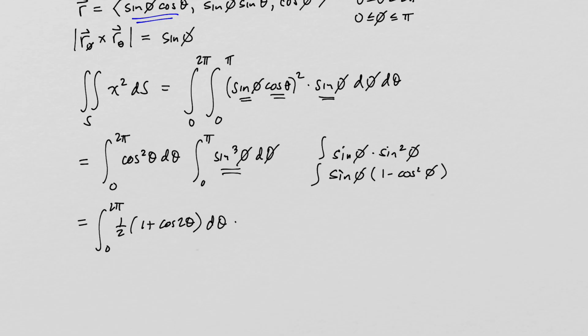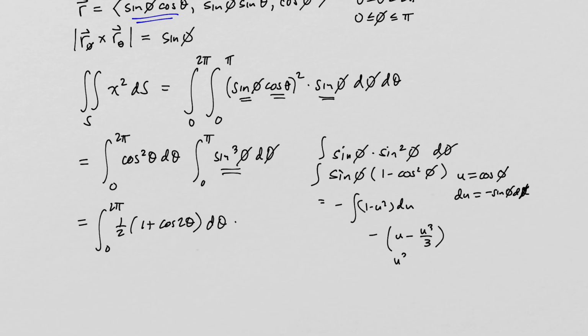And if I have the integral of that, we're just going to let u equal cosine of phi. Du will be negative sine of phi d phi. And this becomes negative integral of 1 minus u squared du, which is going to be negative u minus u cubed over 3, or u cubed over 3 minus u.